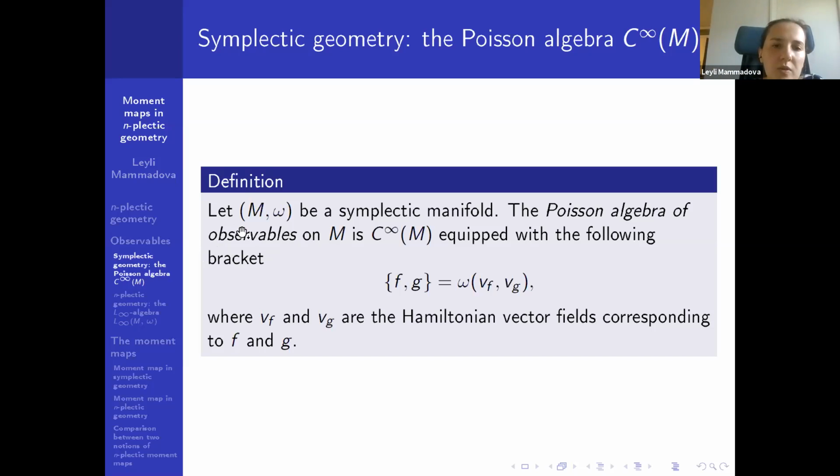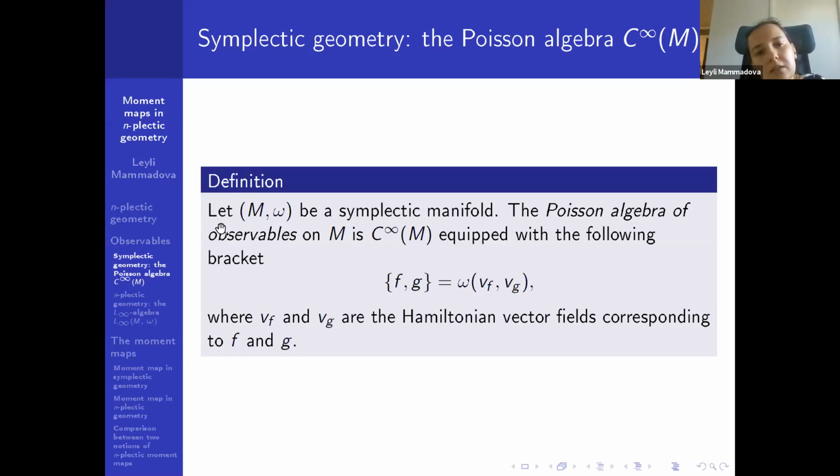And this word observables comes from there. So observables are things that you can measure on your manifold, and functions are precisely something that gives you a numerical value at every point. And n-plectic manifolds come from the mathematical description of classical field theory. So symplectic geometry describes classical mechanics, n-plectic geometry describes classical field theory.